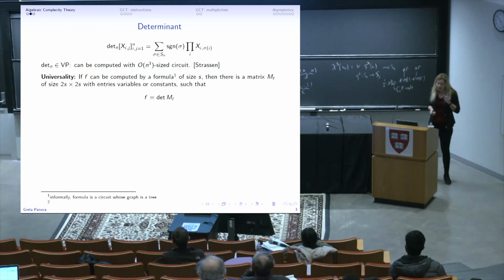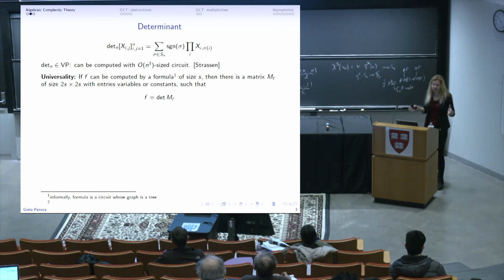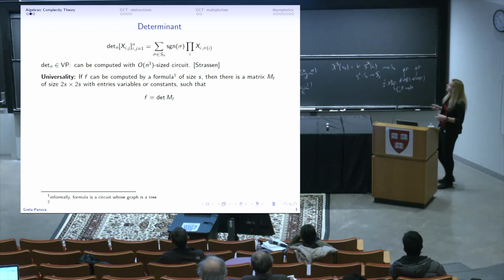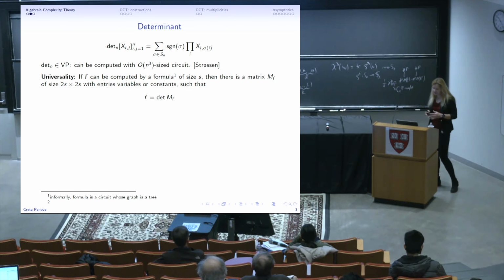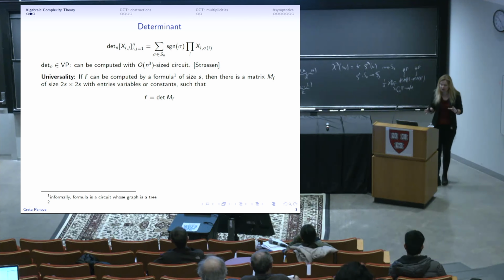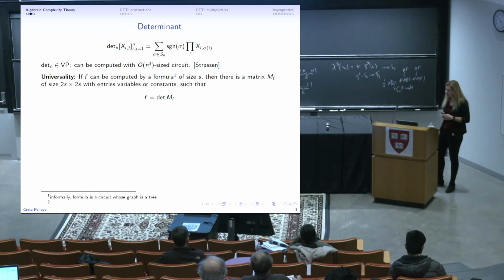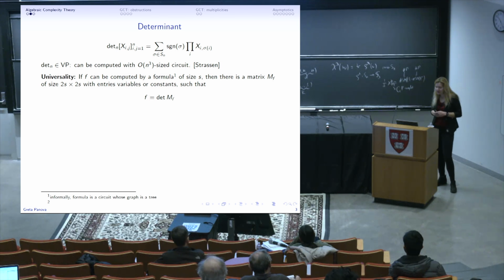But it's in VP, it's also universal. In other words, if you take any polynomial which can be computed by a formula of size S, so S many terms, and by formula we mean something slightly more special than a circuit, but I'm not going to go into the fine differences here because it's not really going to matter for the big question.